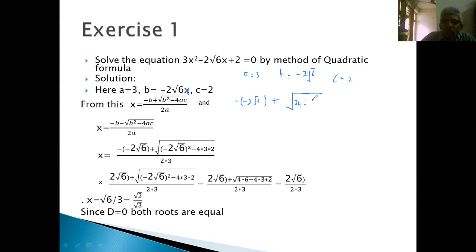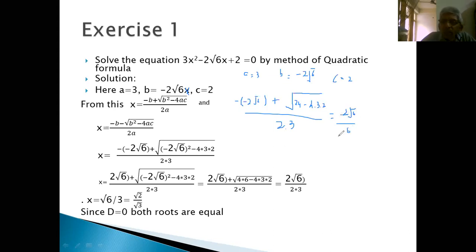Minus 4ac means 4 into a, 3, into 2, divided by 2a, 2 into 3. Now you see, this was minus of minus 2 root 6, which means 2 root 6. And this becomes 0. 24 minus 24 becomes 0. So here we have got nothing and we got 2 root 6 by 6.